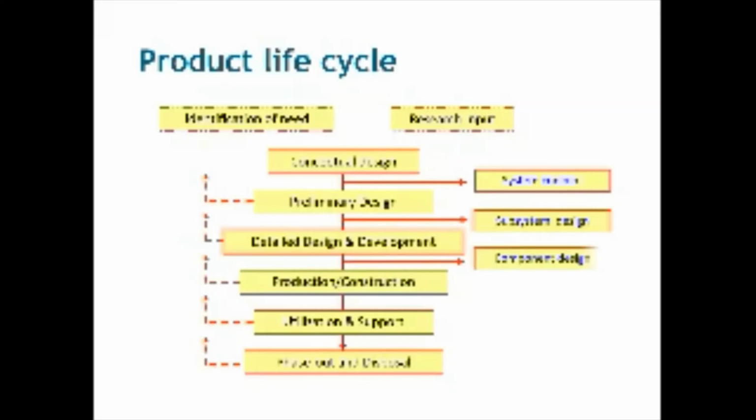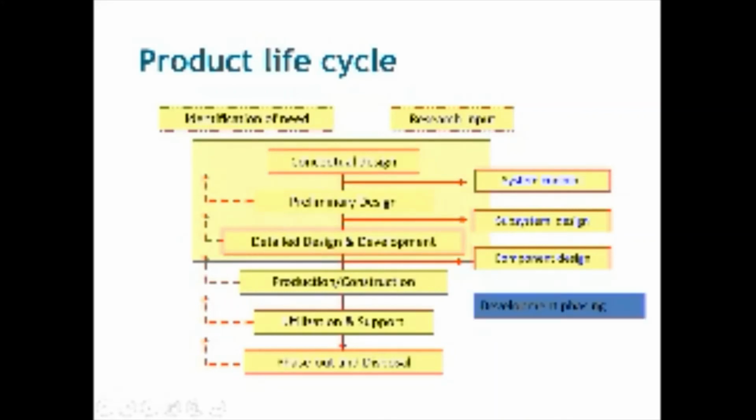Between detailed design and development and production, before production, a component design, a prototype model, will be tested among different age groups of people to really reach the end user. So component design will show the complete prototype, and these three phases are called the development phase.